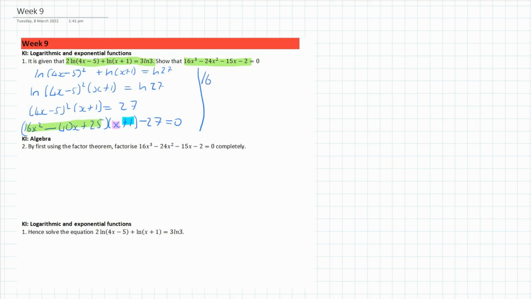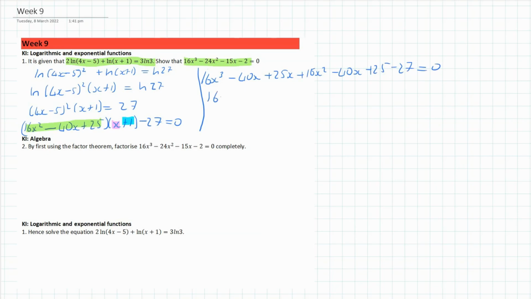So I get 16x cubed minus 40x squared plus 25x, now I'm going to times everything by 1, plus 16x squared minus 40x plus 25 minus 27 equals 0. Gather our like terms.